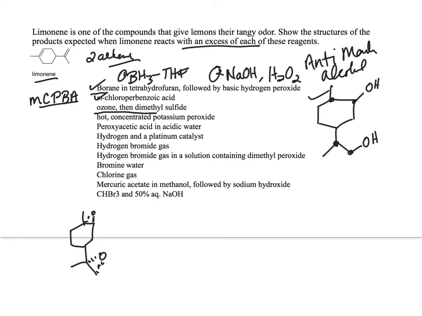Okay, now we want to do ozone and dimethyl sulfide. So that's going to cleave each one of those bonds. So the best way to do this is to redraw, and then you're going to cleave this bond, and you can cleave this bond.